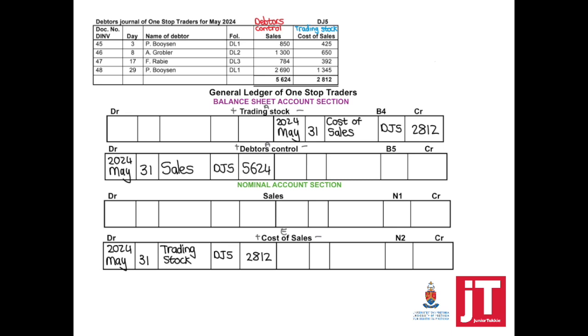Debtors control increases because of goods that were sold on credit. Now we apply the double entry principle. For every debit, there's a credit. And secondly, our income is going to increase because of credit sales. That's why the contra account is debtors control. And the amount, 5,624.